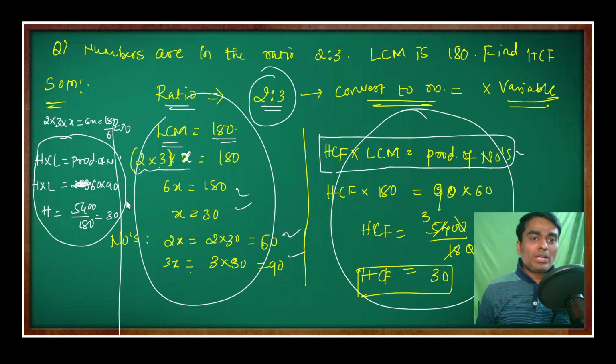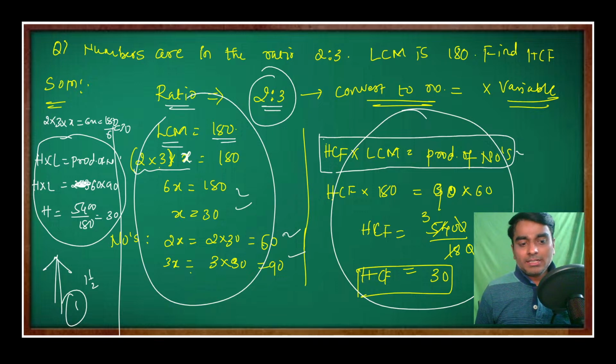If it is for 2 marks and you just write this much and come out, they may not give you 2 marks, right? They may give you 1.5, or if the teacher is very strict, then only 1. So it's important to solve the question according to the marks, right?